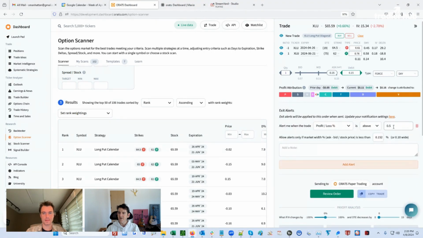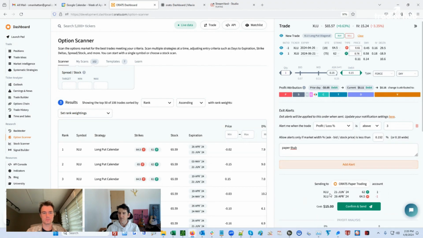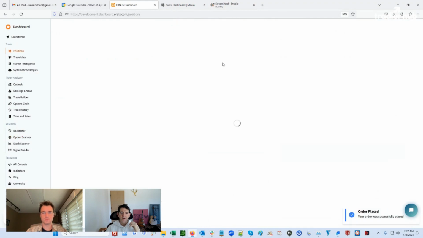We wouldn't profit until we got to about 300% profit here, and then I'll just add the note, paper in the Trader Hub. If that hits and the market's not wider than that, we'll hear about it by text message or email. So that's the trade.